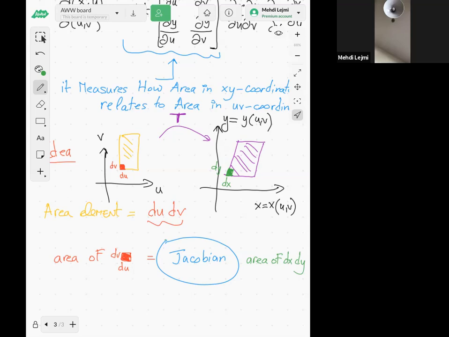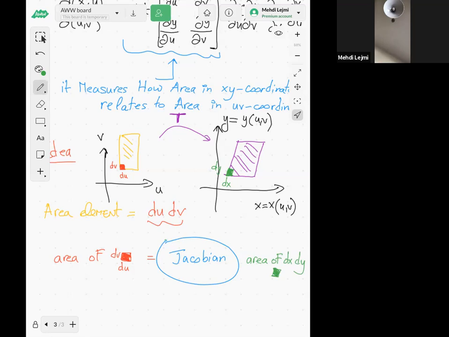We're going to use this Jacobian to relate the two areas, the areas of this very small rectangle and parallelogram.